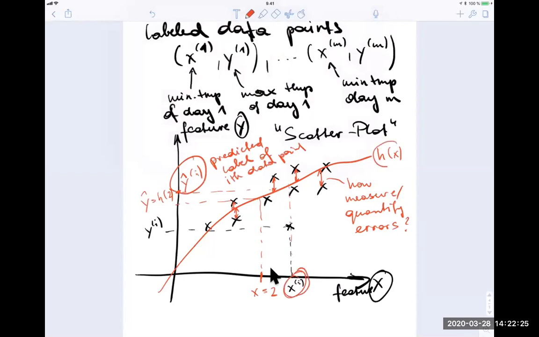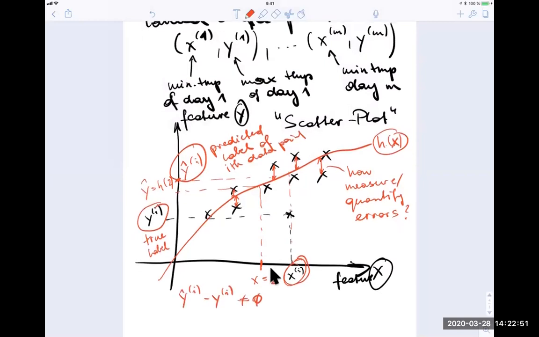Because a predictor is nothing but a function that reads in the feature value and outputs a predicted value for the label. However, this predicted label, as you can see here, is different from the true label. So this is the true label. So there's a discrepancy. This y hat i, the predicted label, minus the true label is not zero. So we can illustrate this difference here as this distance.